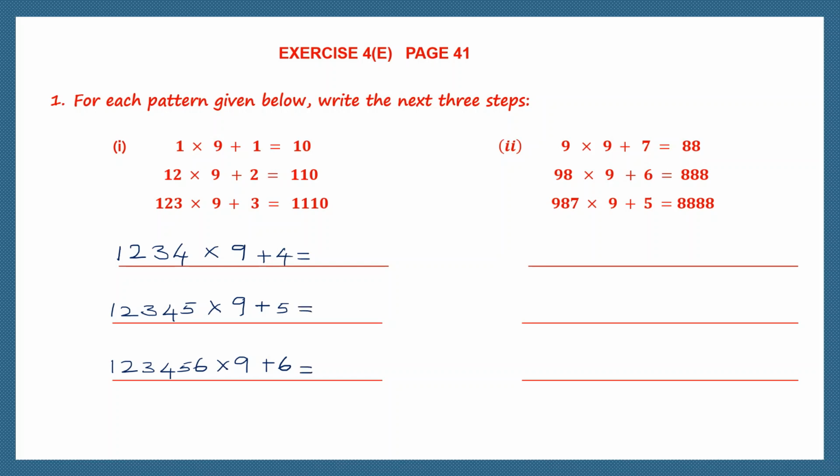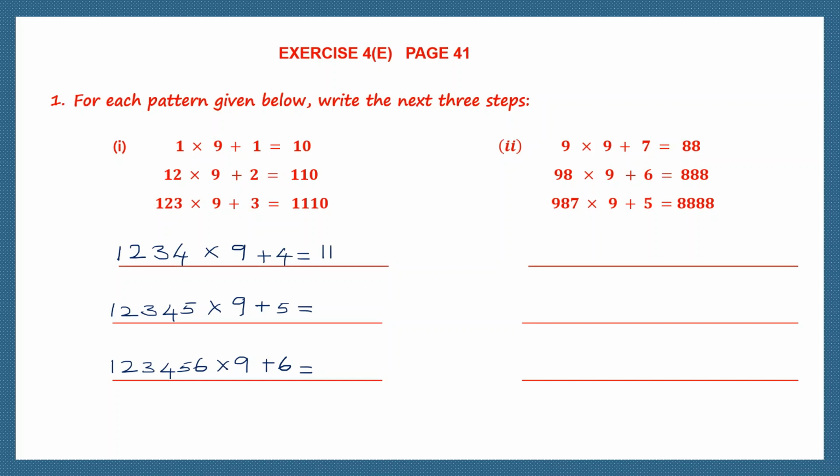And then look at the pattern of the answer, the final answer. Here we have 10, 1 followed by 1, 0. Then here we have 11. So 1 and 0, 11 and 0, 111 and 0. So we have 1, 1, 2 ones, 3 ones. So this will be 4 ones and a 0.